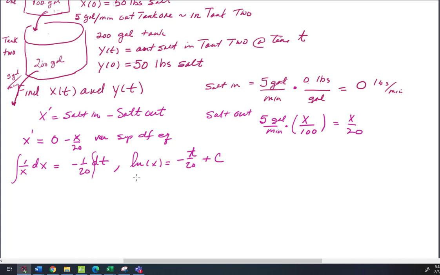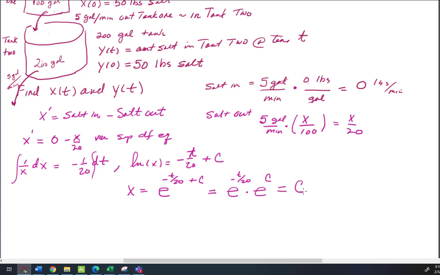But we don't want log x, we want x, and so we'll exponentiate, and when I do that, we'll get x is equal to e to the negative t over 20 plus c, which would be e to the negative t over 20 times e to the c, because when you multiply two bases raised to powers, but the base is the same, you add the exponents. So if I multiply these together, I get that back. Now c is an arbitrary constant, and so e to the c would be an arbitrary constant.